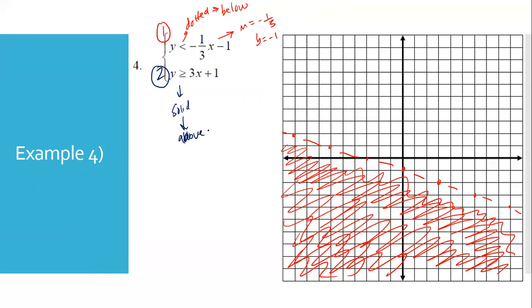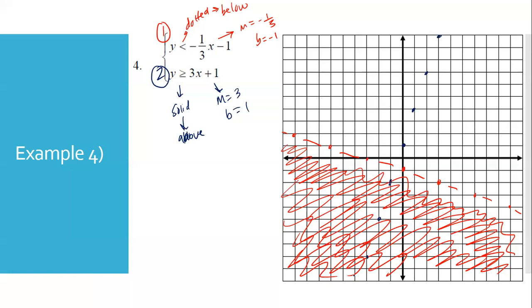Above is spelled with a B, not a D. And here my slope equals 3. And my y-intercept where I'm going to begin is at 1. So I'm at 1. And I'm going up 3. Over 1, up 3, over 1, up 3, over 1. And I'm going down 3.